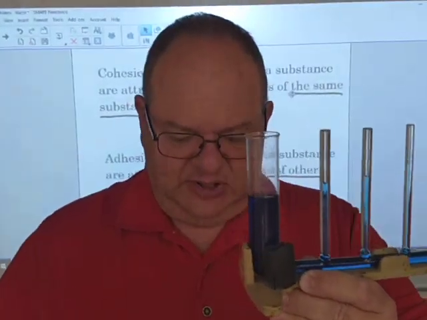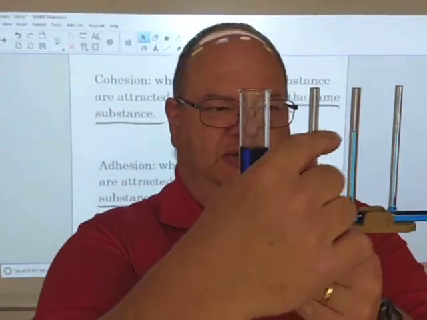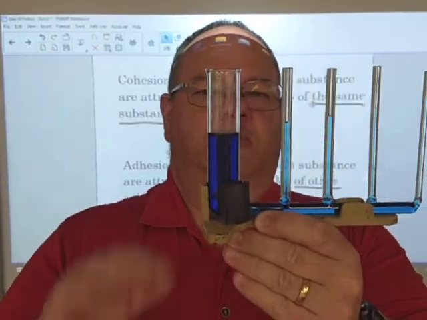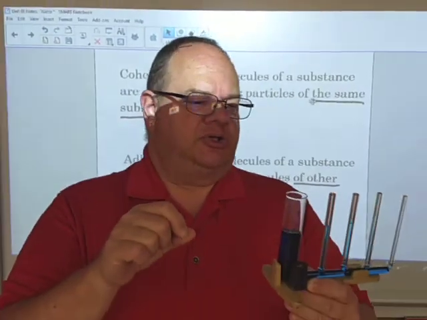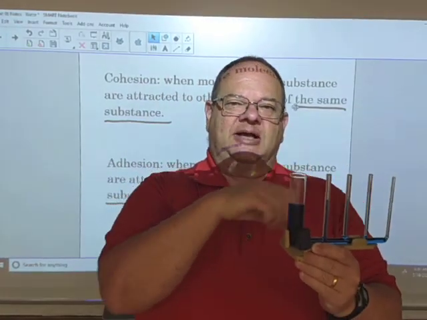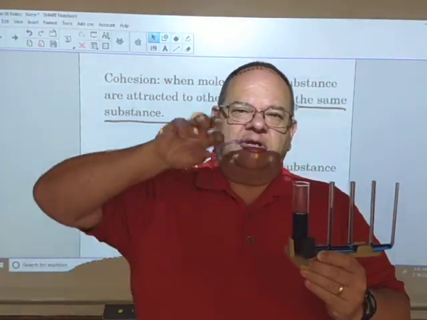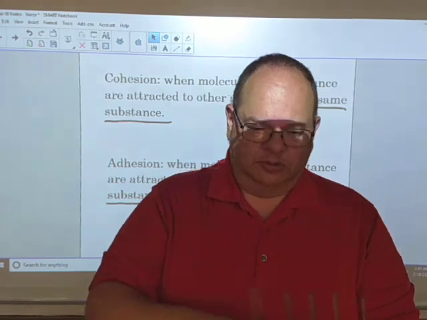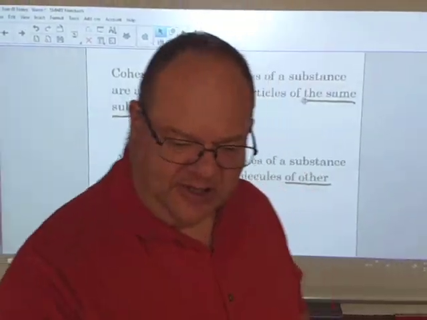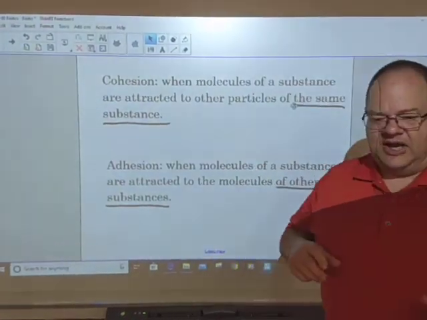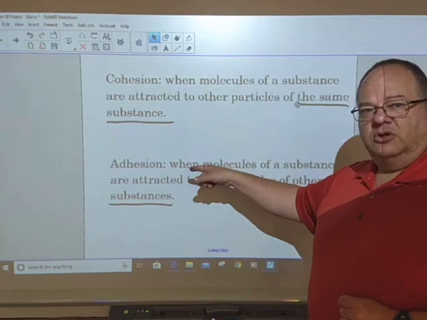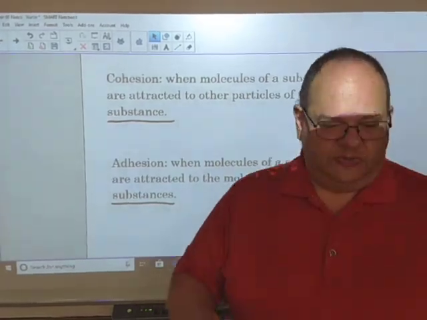The reason it gets higher is because water is actually more attracted to the molecules of the glass than it is to itself. And so literally it's climbing the tube. That's kind of funky to think about. That's an example of adhesion. Water is attracted to the tube.